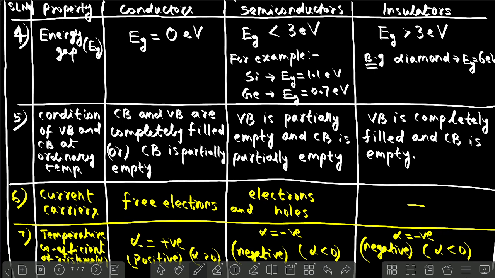Your charge carrier is basically free electrons for a conductor, and for a semiconductor it is electrons and holes. Absence of an electron is basically a hole. That we will see while studying intrinsic and extrinsic semiconductors, and at that time you will understand what an electron hole is.